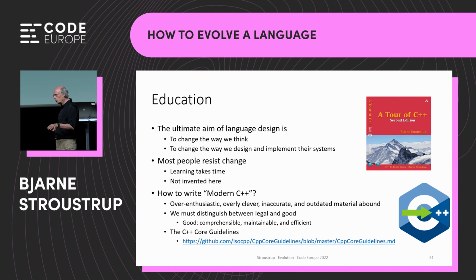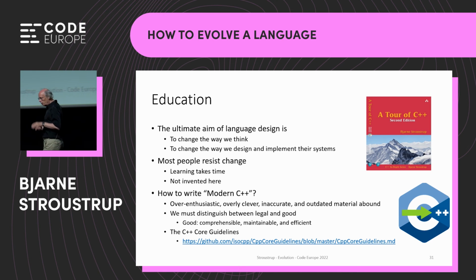You see what the problem is, you see what your solution is, and then you see how you can best represent it. We've been trying to get some guidelines called the C++ Core Guidelines, even got a logo, and we distinguish between what's legal and what's good. We need stability over decades.